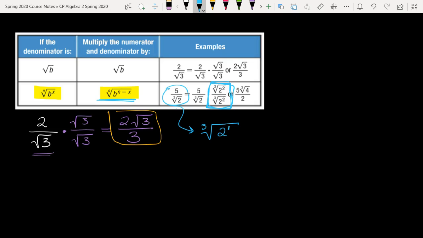So in order to get rid of this radical expression, we need to multiply by, again, a cube root, and our base stays the same here, 2. But in this case, we want to take n minus the power that we had on our base originally. This is n, here is the power we had originally. So we're going to raise this to the 3 minus 1 power.